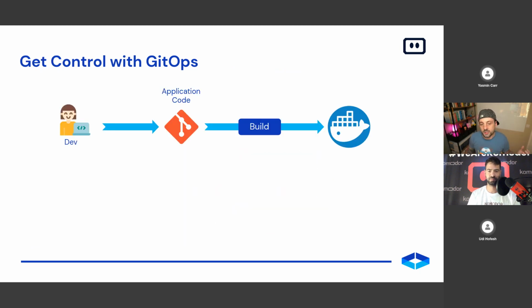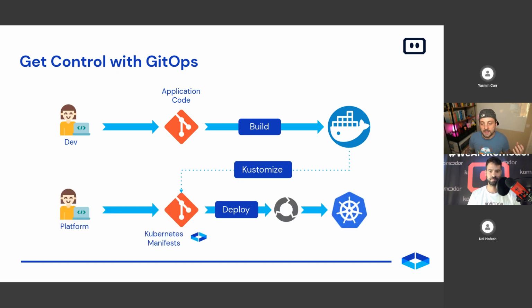GitOps is just this idea of, instead of pushing stuff yourself into Kubernetes using kubectl, you make use of an operator that sits in your Kubernetes cluster and looks for changes. If you see on the left here, it's going to watch for changes in the Kubernetes manifest. A traditional pipeline would be that a dev, on the top, creates their application and triggers the CI pipeline. The CI pipeline builds a new container image.